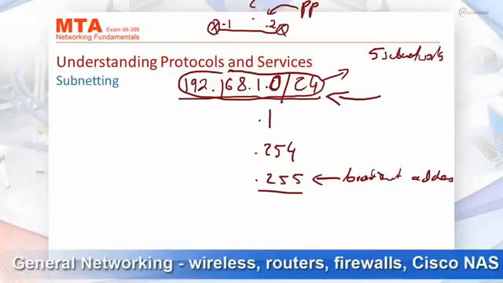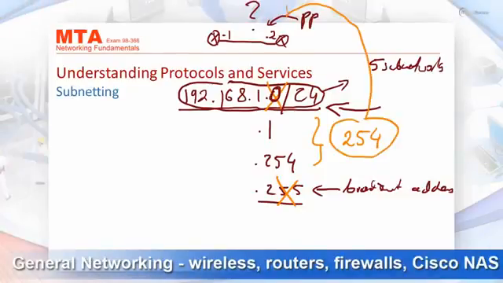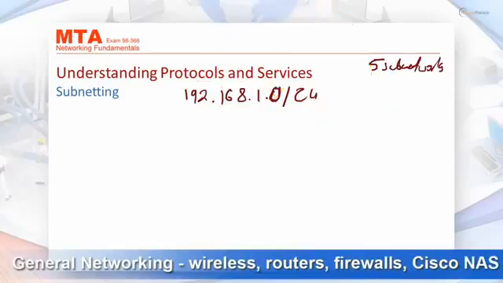It means I am not allowed to use the first one, which is my network address, and the last one, which is my broadcast address. So I will ask again, how many usable IP addresses will I get? 254. How many do I need? Well, I need 2 IP addresses, and 254 are available. It's not a good thing, we don't do it like that.